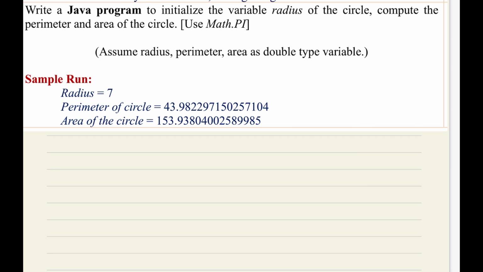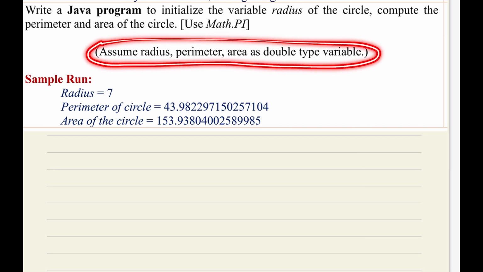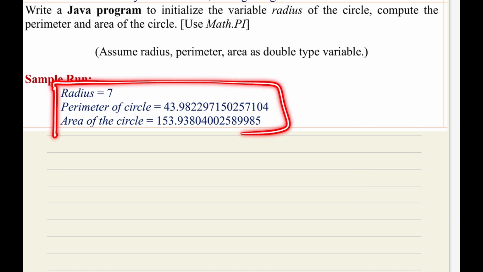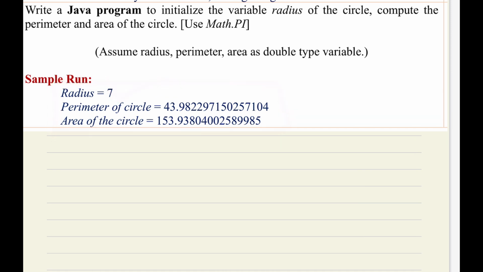Now here it is written to assume radius, perimeter, and area as double type variables. Then one sample run is given, that means radius equal to this, perimeter of the circle equal to this, area of the circle equal to this. So we have to initialize a variable radius as 7 according to the sample run, and we can compute the perimeter and area.